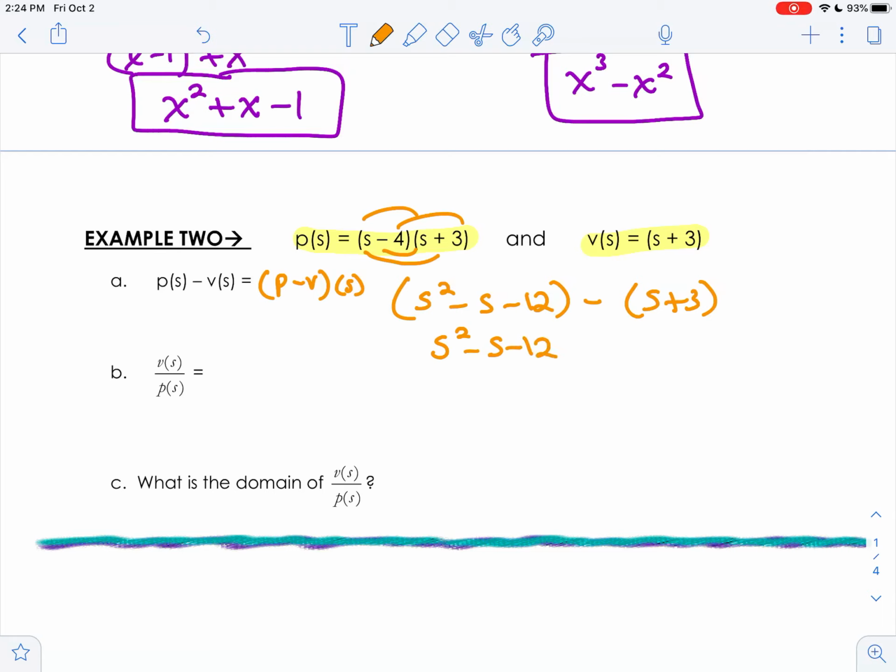Like I always do with my subtraction, keep the first polynomial the same, subtract s and subtract 3. So kind of doing distributive there. And so we get s squared, it looks like we're going to get minus 2s, and finally, minus 15.